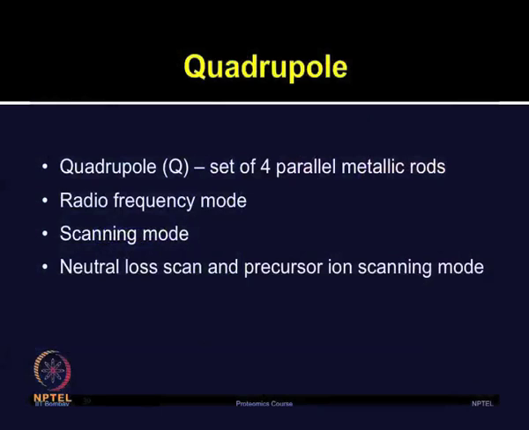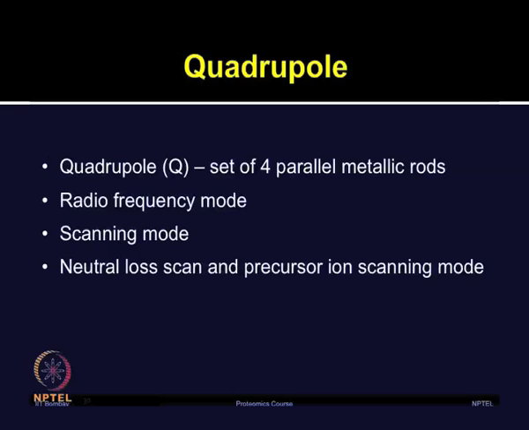So, as we talked, the quadrupole is a set of 4 parallel metallic rods with opposite pairs electrically connected. There are different modes one can use for this analysis: RF or radio frequency mode, which allows ions of any m by z ratio to pass through; and scanning mode, in which ions of selected mass to charge can be allowed to reach the detector.